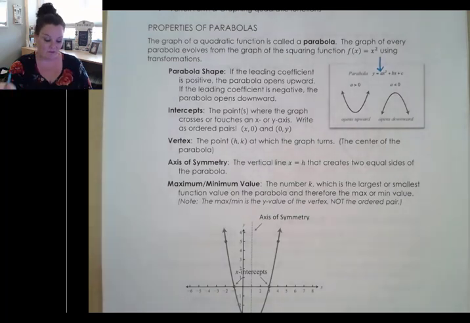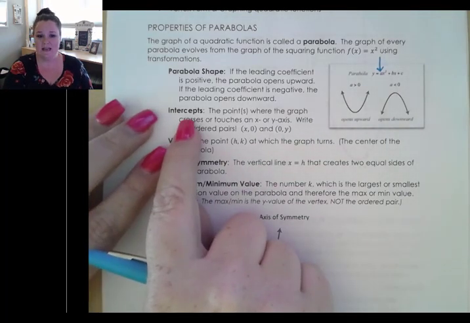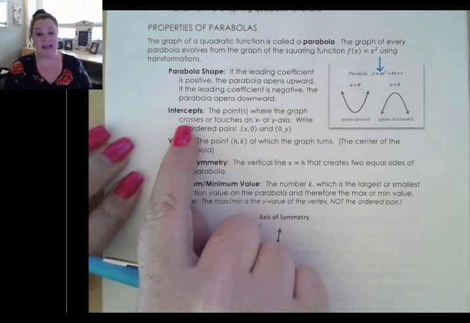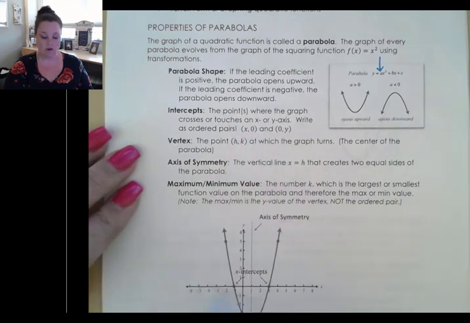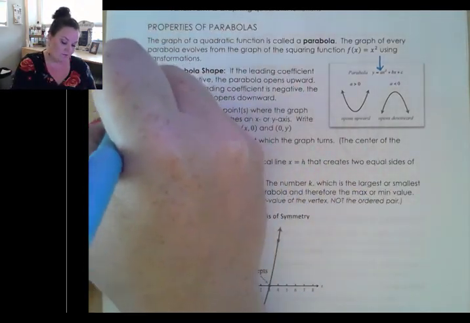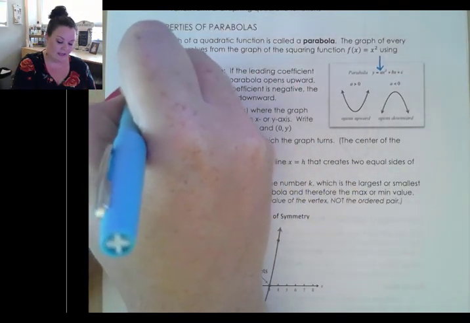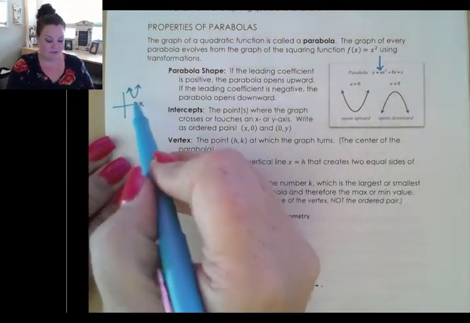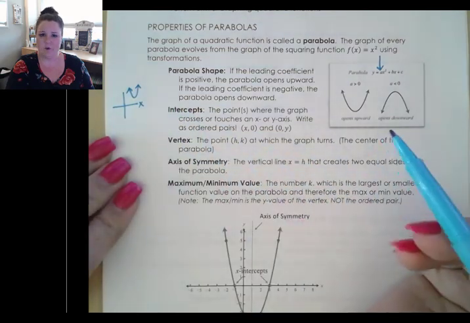The next bit of information is something we've already done before, and that's identifying the intercepts. Now, we do want to know the x-intercepts and y-intercepts. Depending on where they're located, if we have a parabola that looks something like this, it's not going to have x-intercepts, right? Because from here, it's already above the x-axis and it's going up.